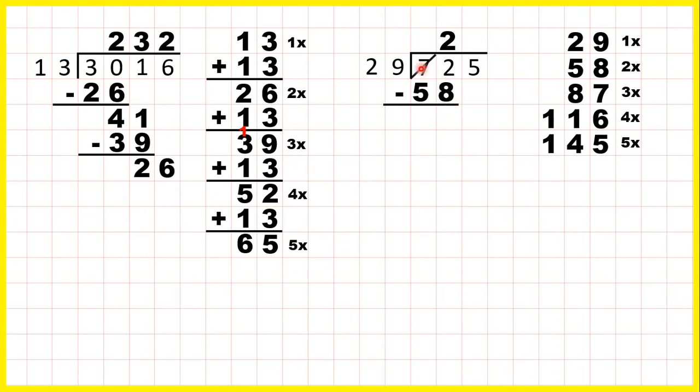Here I would use the column method, so we can't do 2 minus 8, go to the left, 1 less, 1 in front, 12 minus 8 is 4, 6 minus 5 is 1, and we need to bring down this 5, so we have 145 divided by 29. We can see that that's exactly 5 times, so 5 is the last digit of our answer.